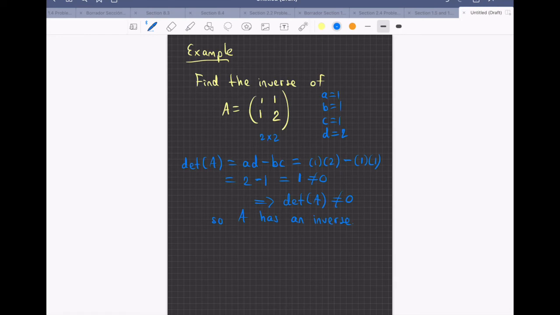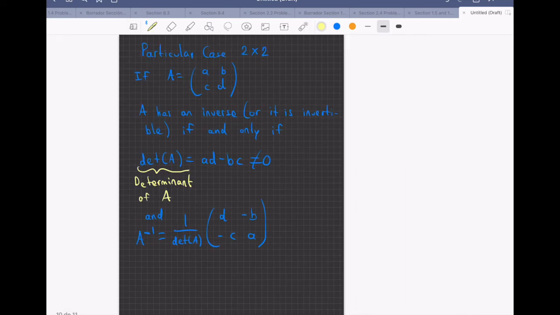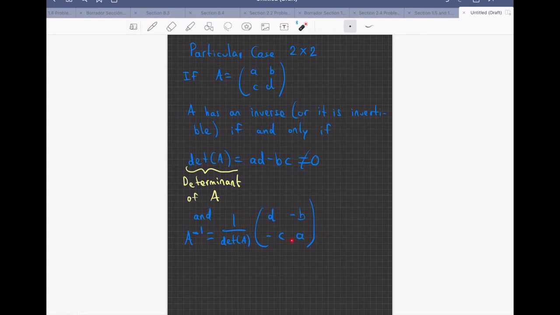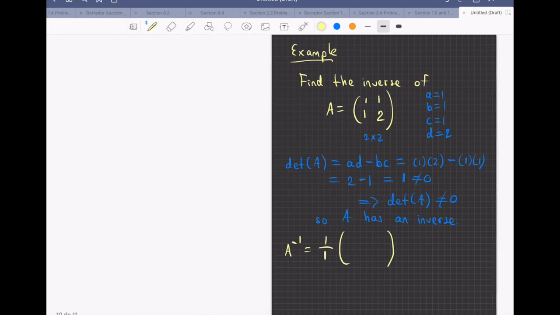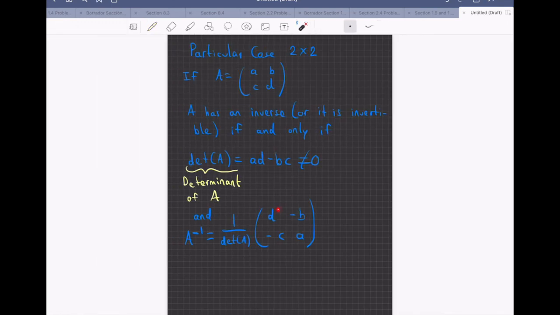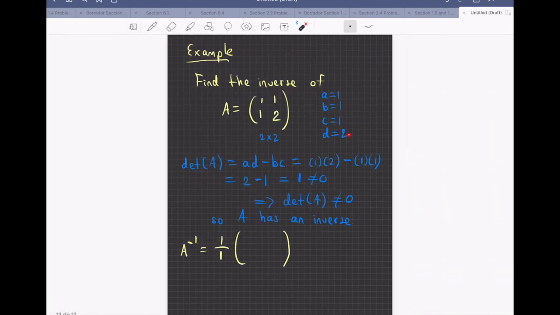Now, what is the inverse? The inverse is given by this formula, this one. Notice how this is not exactly the matrix I have here above. It's a little different. But first, 1 over the determinant, in this case 1, so 1 over 1 times, be careful here how you put the numbers. First, I need to put D. D is equal to 2.